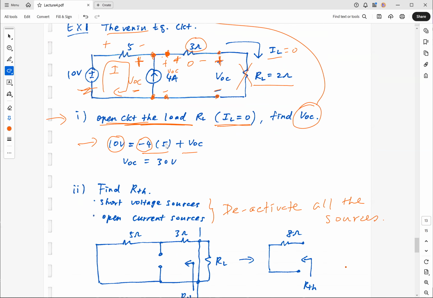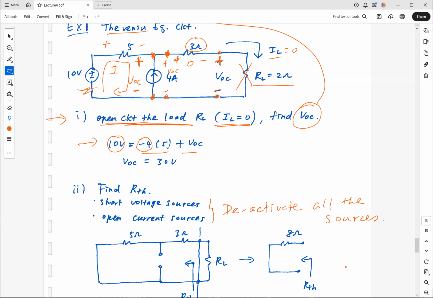Remember in the lecture where we talked about superposition, to deactivate the sources, we have to zero out the current source and the voltage source. When we deactivate a voltage source, the voltage source will be shorted, and we can represent it by a short.